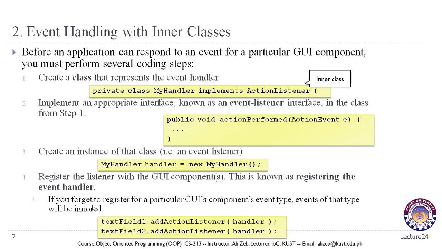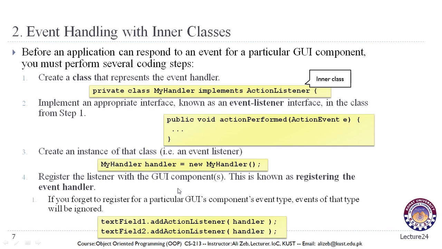If we forget to associate or register a particular GUI component's event type, for example, if we forget to do this for text field 1, we will not be getting any response from text field 1 even if we try to click it or press the enter key. Events of that type will be ignored. So this is the process of registering an event listener with a GUI component.